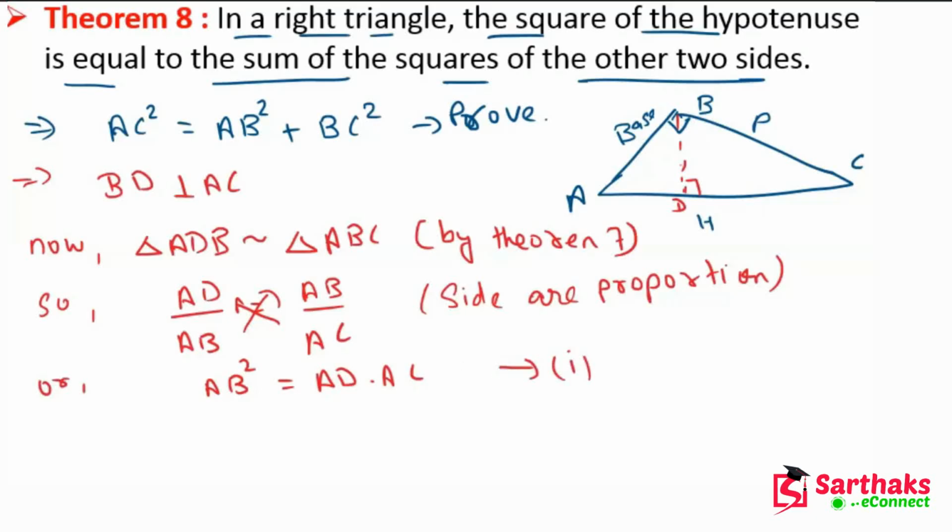With the help of the second condition, we also have triangle CDB is similar to triangle CBA, again by theorem 7.